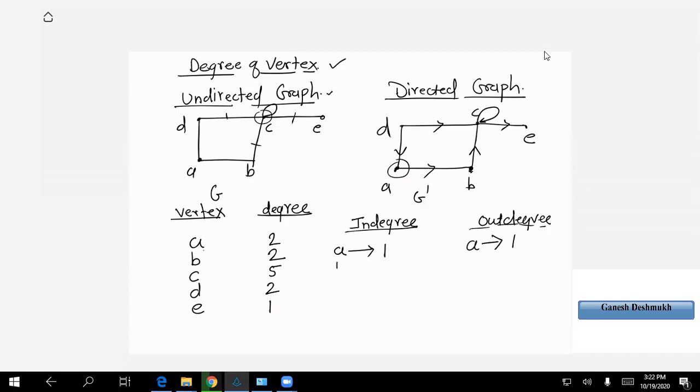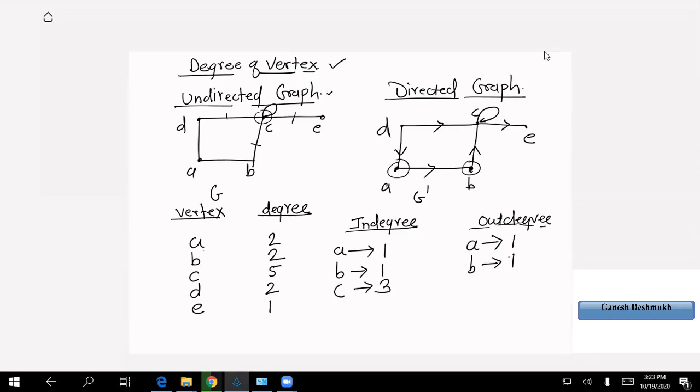Next, what is in degree of vertex B? Again, there is only 1 edge coming at vertex B, hence in degree is 1, and there is only 1 edge going out from vertex B, so out degree is also 1. Now what about C? As there exists a loop at the vertex C, in case of a directed graph, the loop at the vertex is counted as 1 edge for in degree and 1 edge for out degree. And hence in degree of vertex C becomes 3.